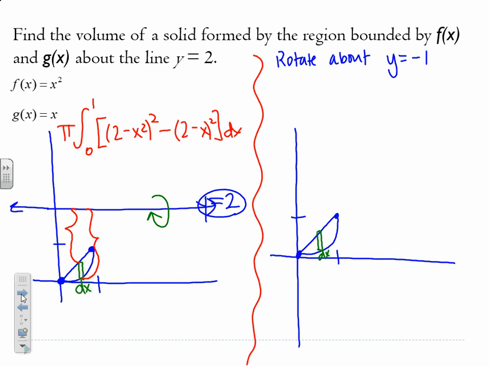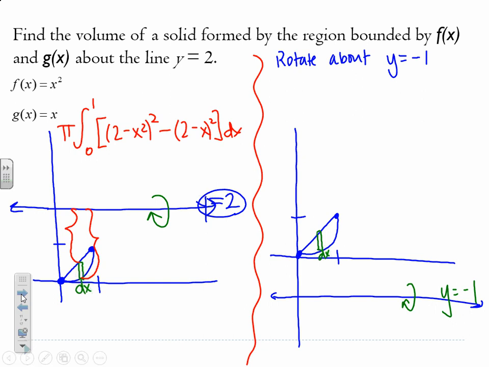So our region is going to be the same, except now we're going to rotate about the line y equals -1. Now let's talk about the differences here.